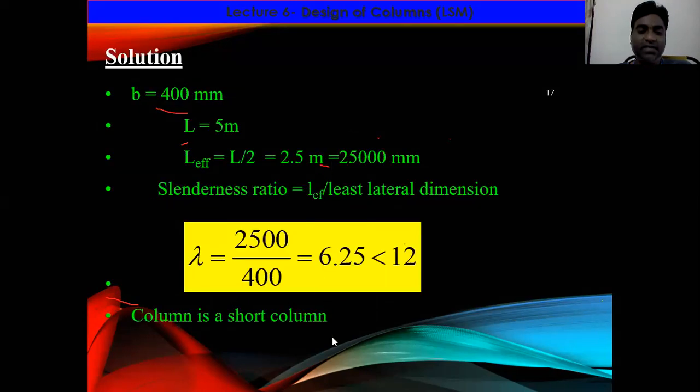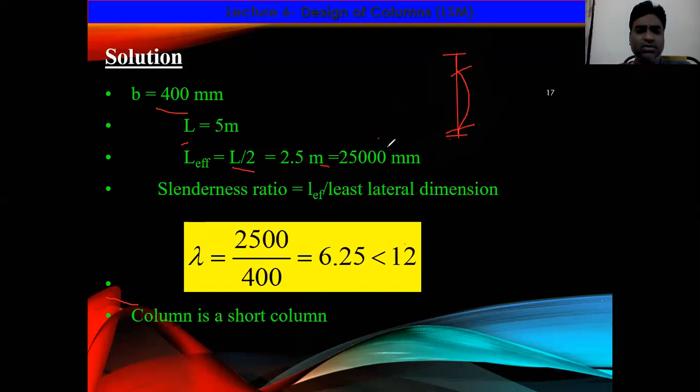When both ends are fixed, what is the deflected shape? So if this is your column, I would like to draw the buckling shape. So it will buckle like this. So this is your effective length, that is 0.5 L or L by 2. So therefore, this is 2.5 meters, right?